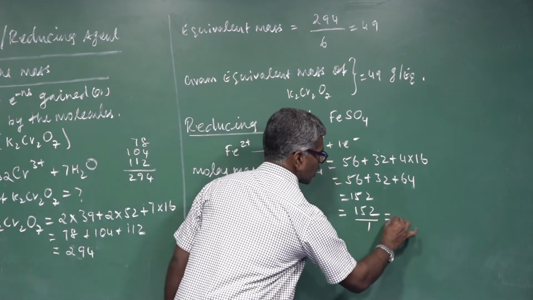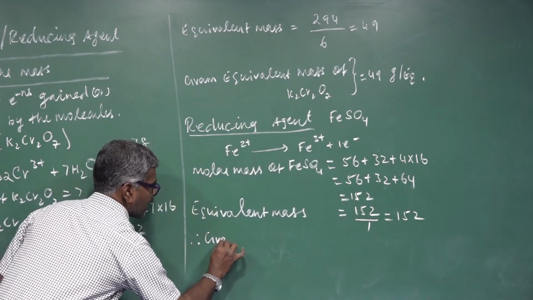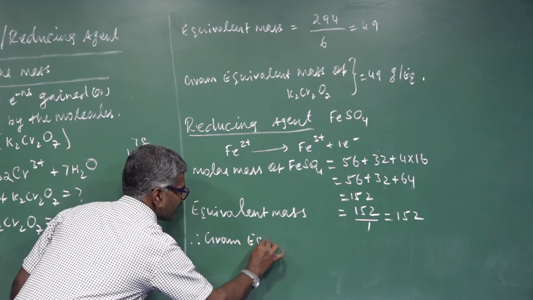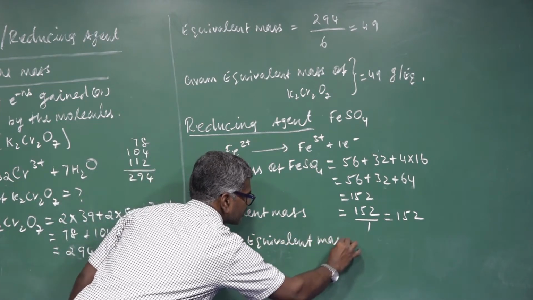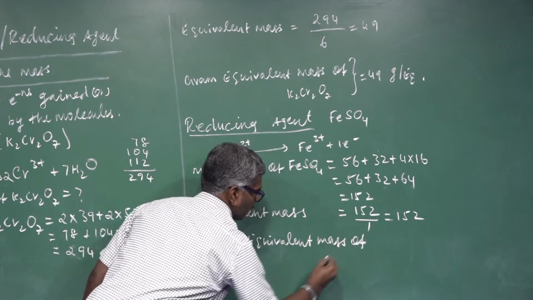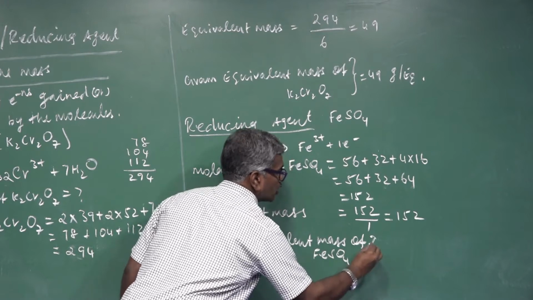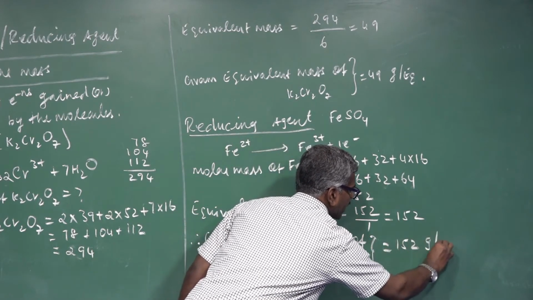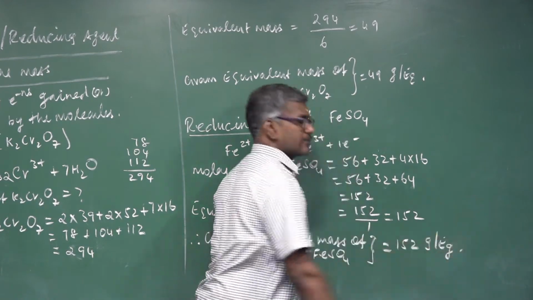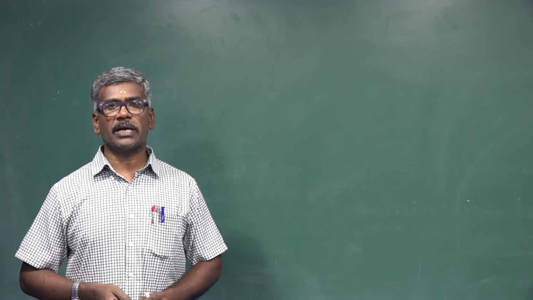So this would be equal to 152. Finally, gram equivalent mass of FeSO4, that is ferrous sulfate, should be equal to 152 gram per equivalent. Next, empirical formula and molecular formula.